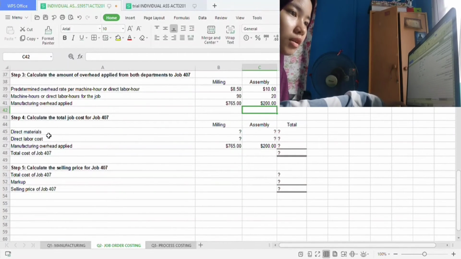Next, to calculate the total job cost for the job, we total the direct material, direct labor cost, and manufacturing overhead applied.